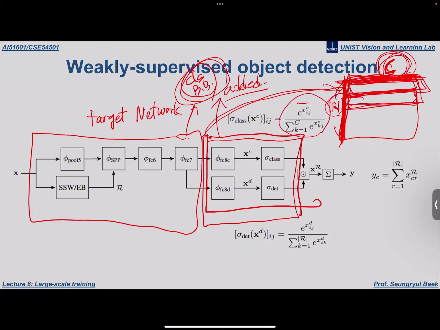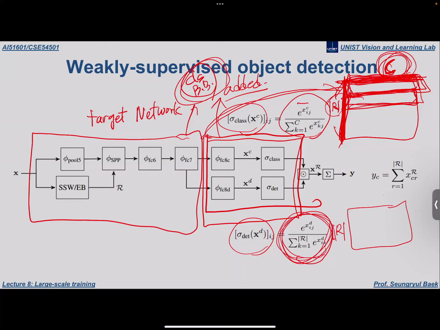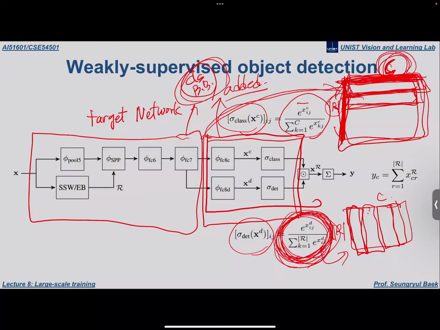And what they do next is they find two other tables. The first table would be a new same-dimensional table, but normalized in this direction, okay? This is transforming the original table by normalizing each column. So it is encoding, for each class, which bounding boxes are the most probable.